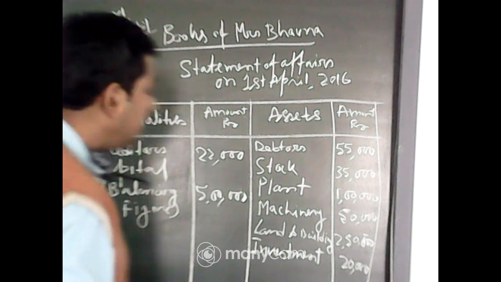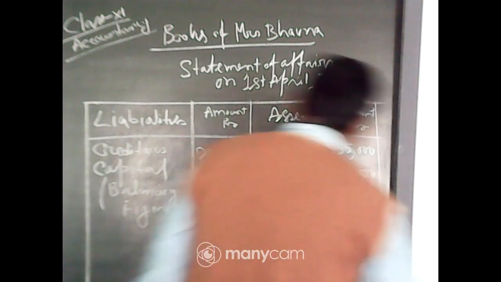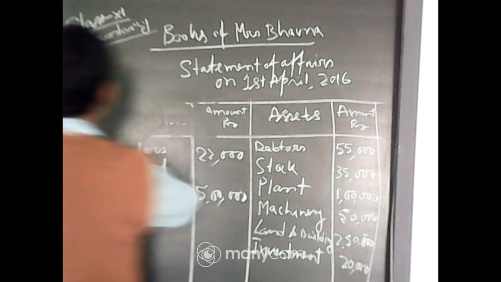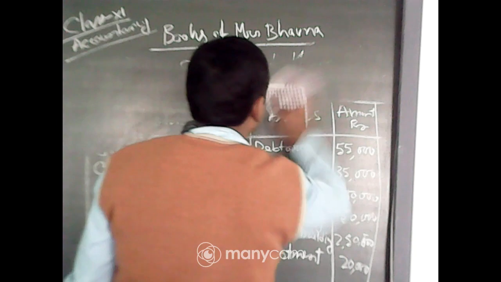Now we can do the final accounts, that is the trading and profit and loss account and balance sheet.